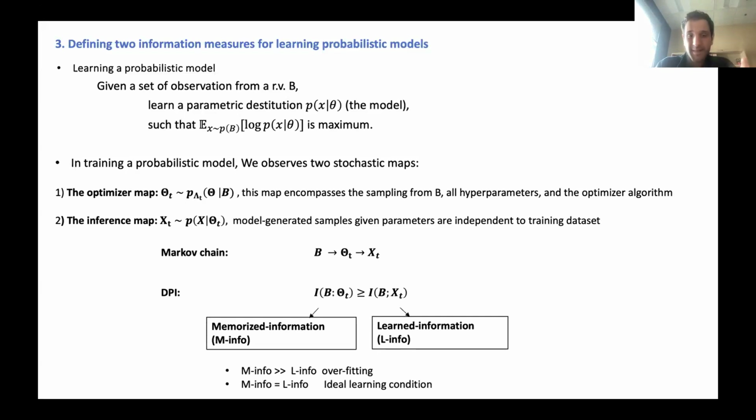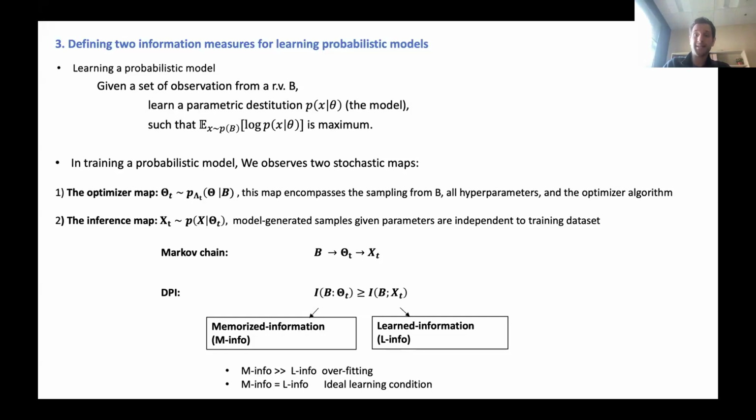So the left-hand side, I call it memorized information, or M-info. This measures the accumulation of information in parameters about the ground truth random variable B. So that's how much your model memorized about the ground truth random variable. The right-hand side is a kind of task-oriented information. It shows your performance.